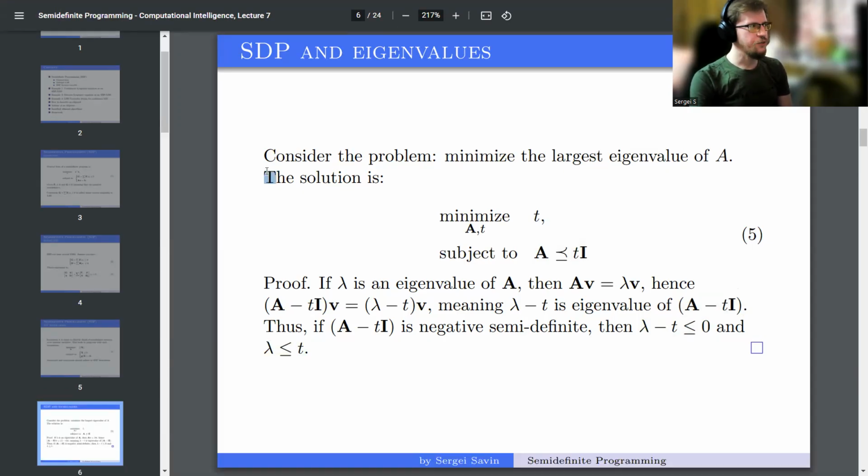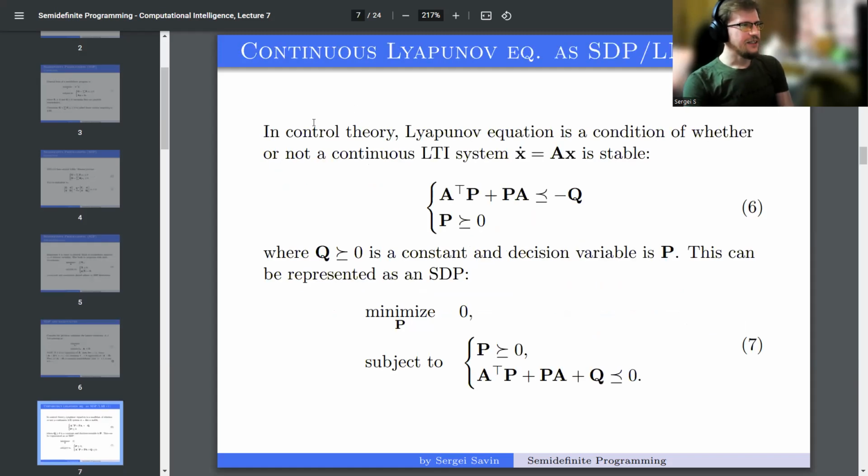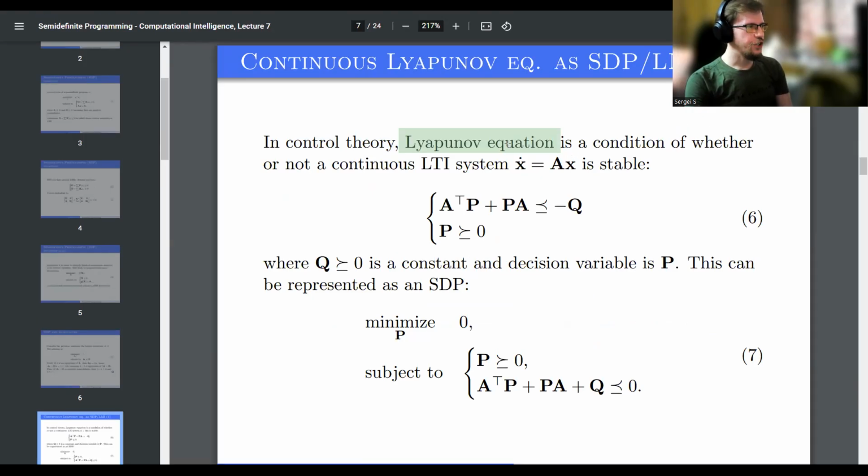The next one I think would be maybe more familiar. So in control theory, you remember we have something called the Lyapunov equation. That is a condition for whether or not an autonomous LTI system in the form x dot equals Ax is stable.